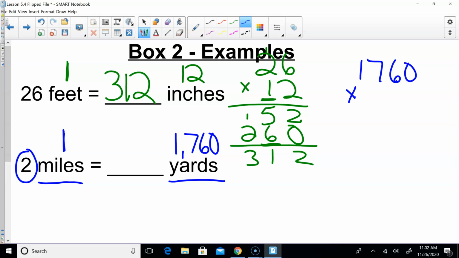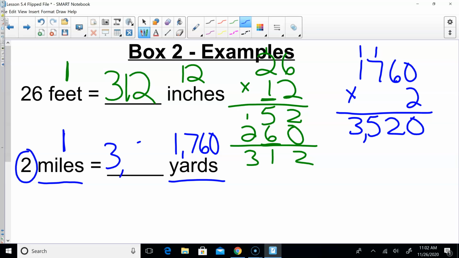So it'd be 1,760 times 2. 0, 2, carry the 1. 7 times 2 is 14, plus 1 is 15. So 5, carry the 1. 2 times 1 is 2, plus the 1 would be 3. So there are 3,520 yards in 2 miles. So you can pause that down. Now write these examples and how we worked it out to help you out in your work.